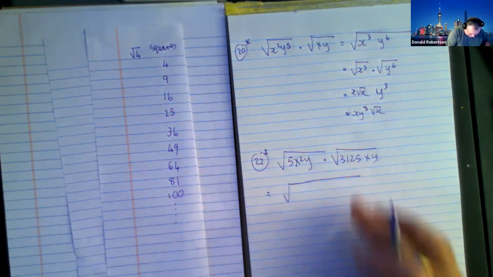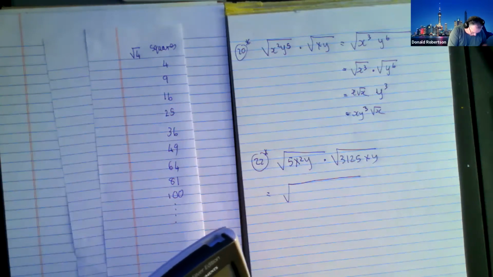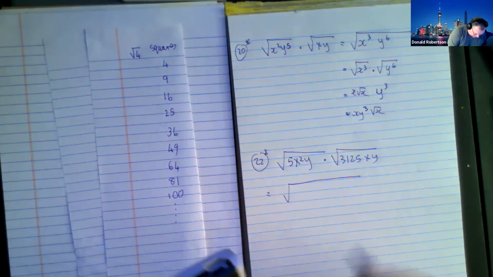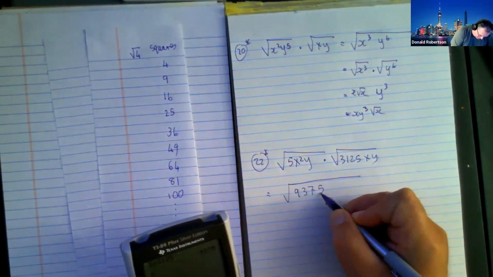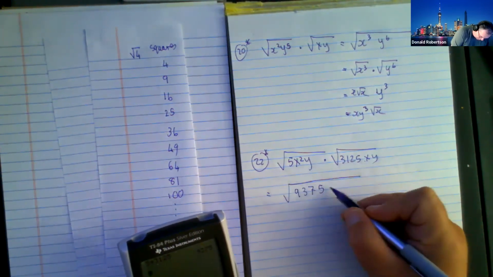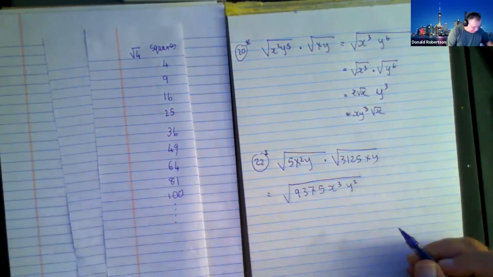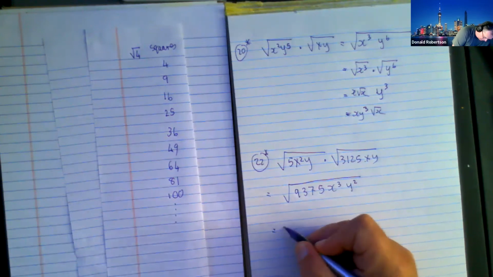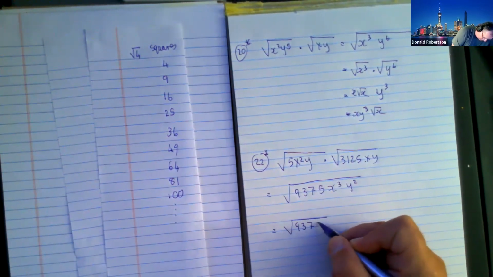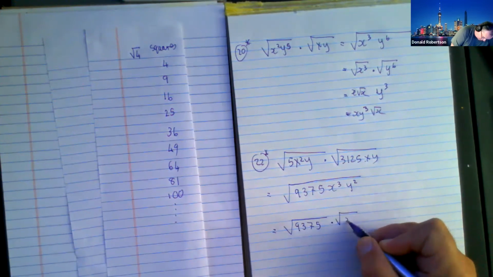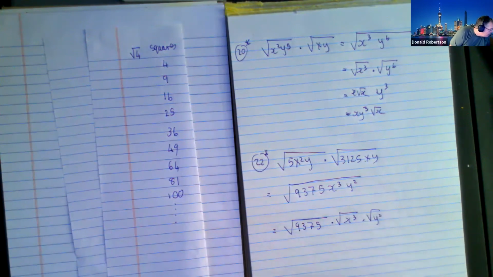So 5 times that huge number, I'm just going to go 3 times 3,125, and that gets me 9,375. An x cubed and a y squared. Well, that's going to break apart as 9,375 times that guy times that guy.